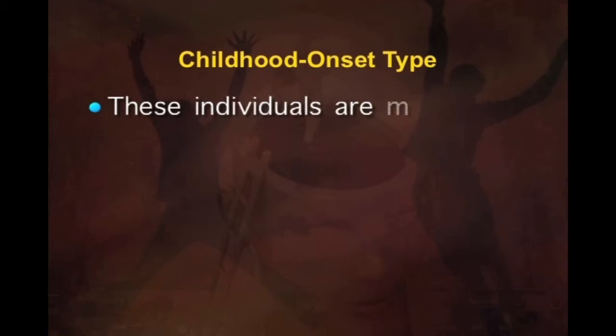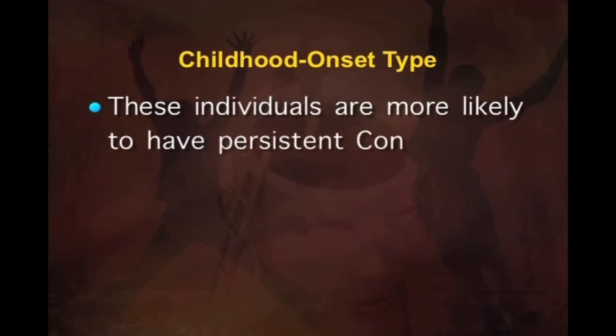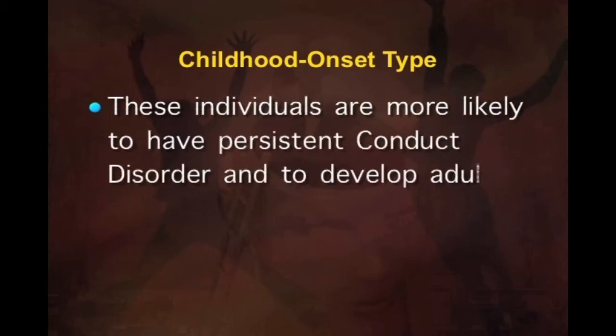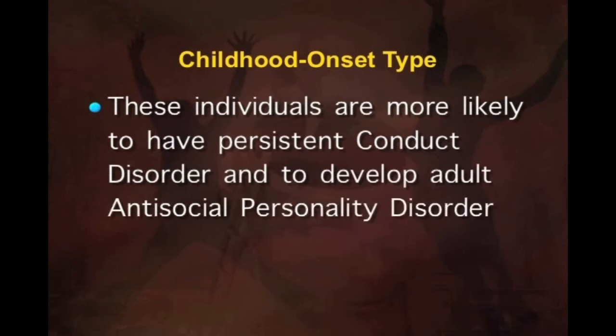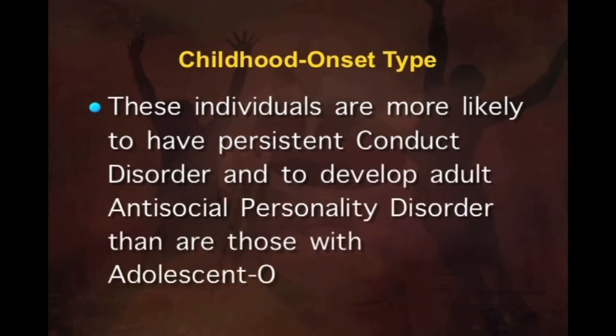These individuals are more likely to have persistent conduct disorder and to develop adult antisocial personality disorder than are those with adolescent onset type.